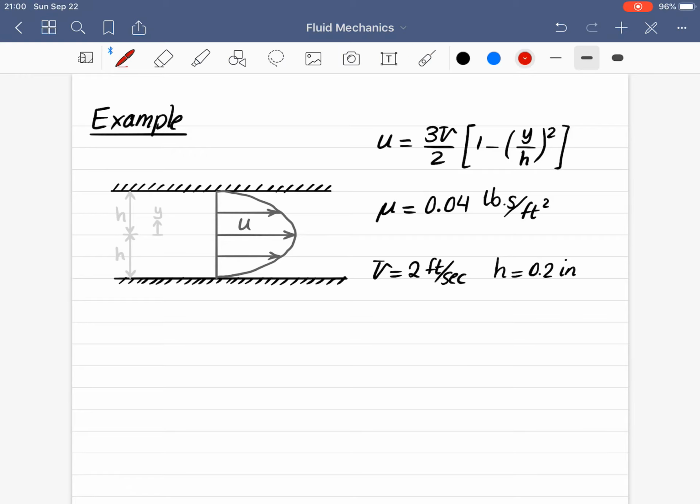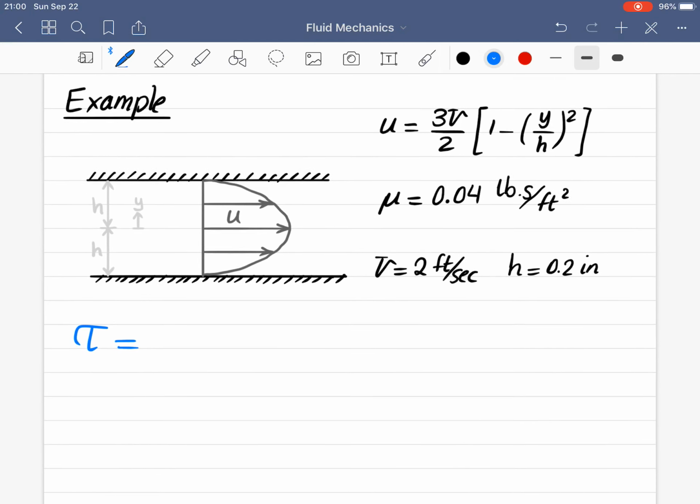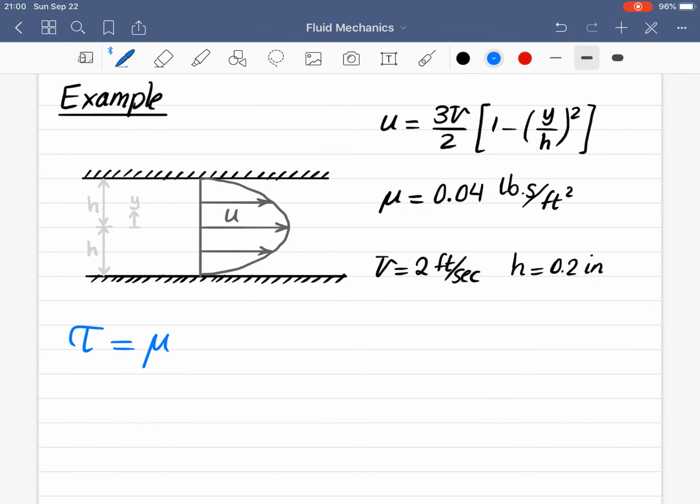So it says that determine the value of shear stress here at the middle of this channel, and also at the bottom, at this surface. So as you know, shear stress is mu times the velocity gradient.